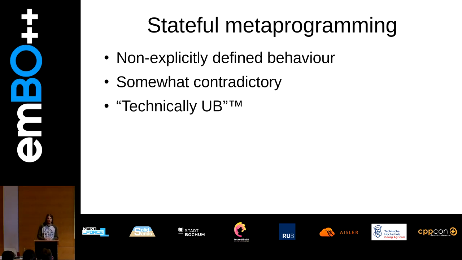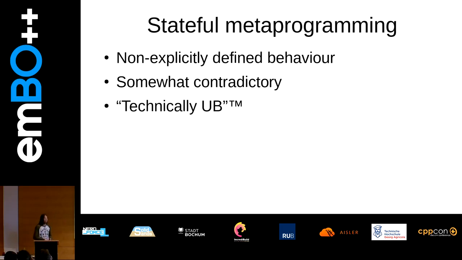All the behaviors that stateful metaprogramming uses are defined by the standard, but it itself is not defined. So it may or may not be UB, depending on how you look at the standard. And I believe there is a movement to completely remove this from the standard.